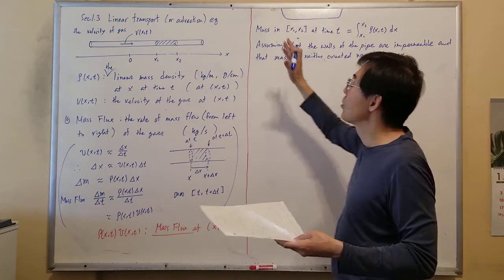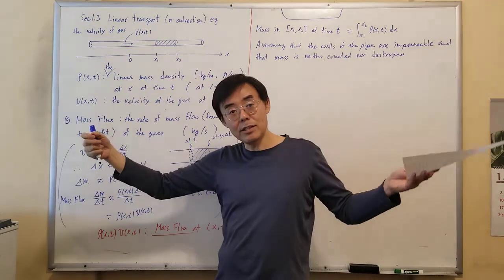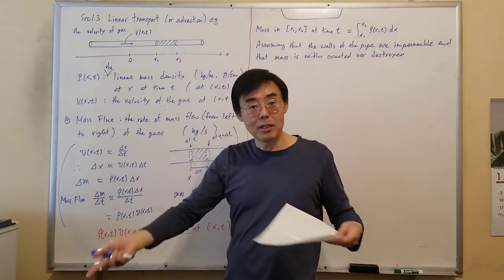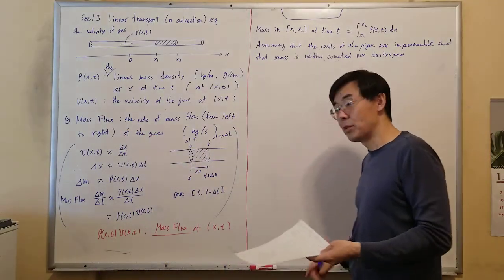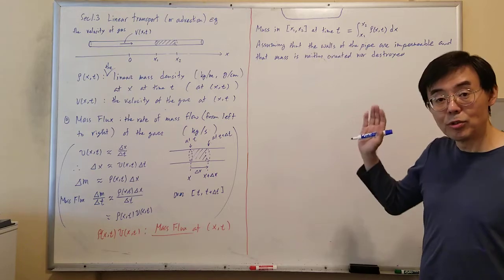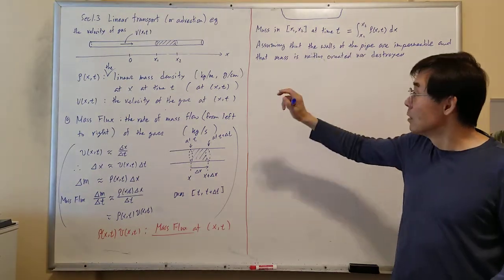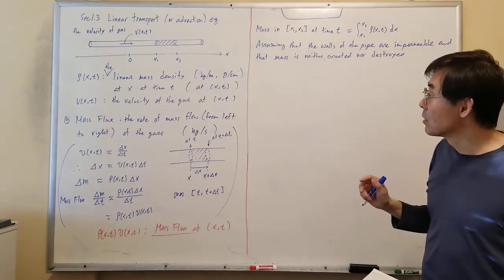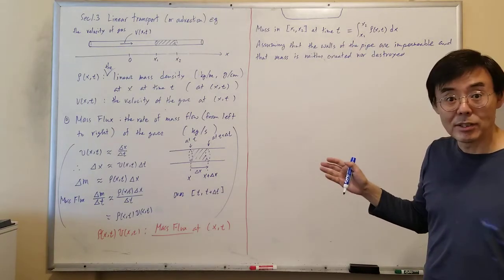So there is no chemical reaction where certain gases combine to become a liquid or solid, so that gas disappears. No, there's no such thing. So no chemical reaction basically here. So gas stays a gas. So mass is conserved, right?